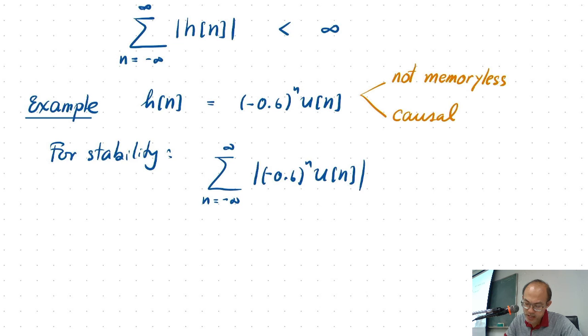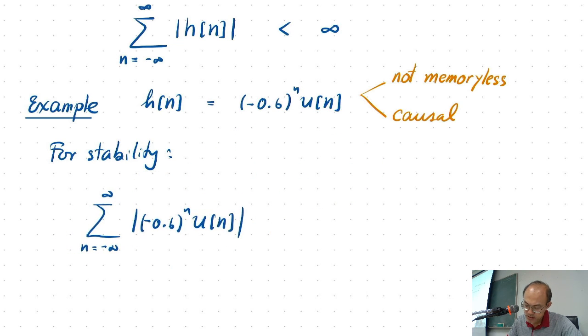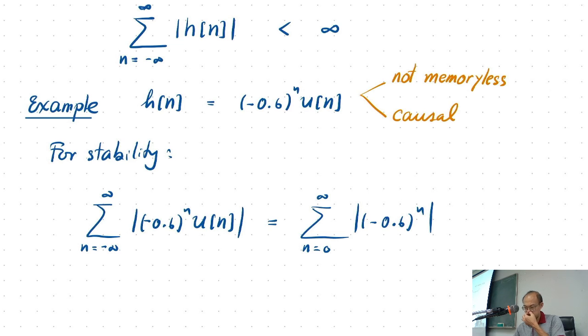Because of the term u[n], I know that I can start from 0. So this is equal to the summation from 0 to infinity of the absolute value of (-0.6)^n.